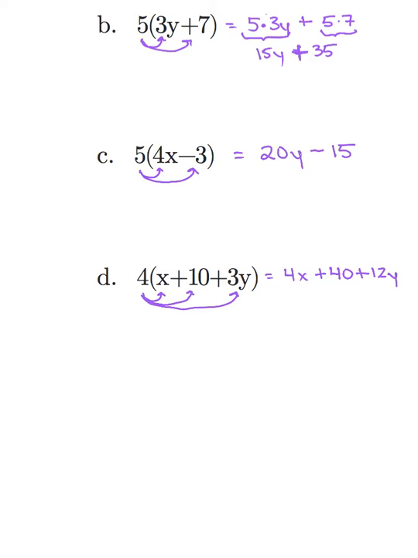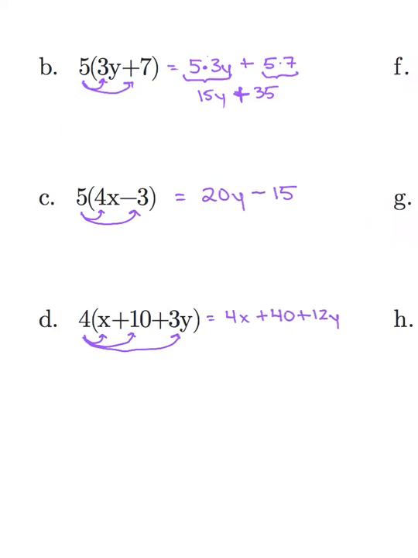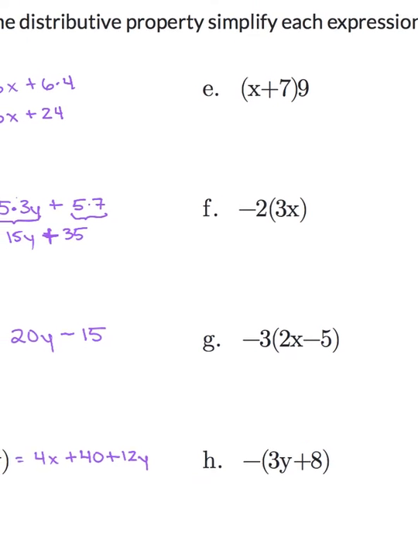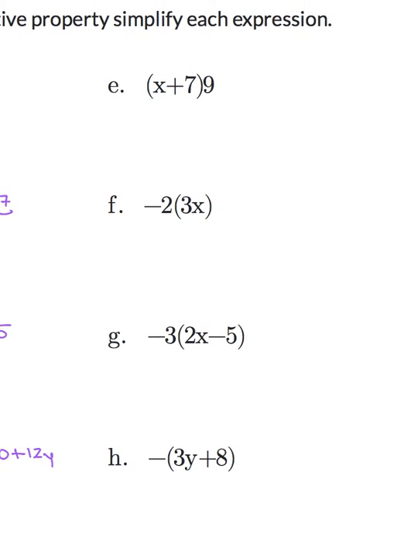Okay, so now let's go ahead and bring in some that are just a little bit more complicated. Let's look at example E. So example E is still kind of a basic one. Again, we want to multiply everything inside parentheses by whatever is outside. So I'm going to multiply 9 times x, which gives me 9x.